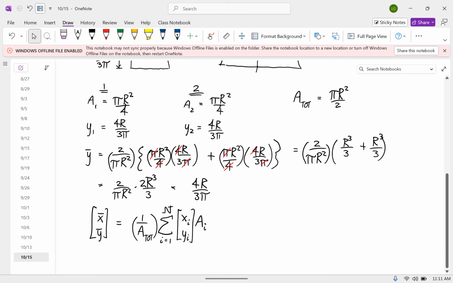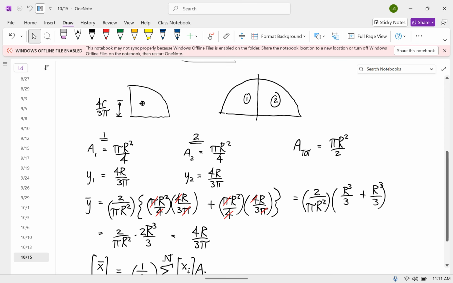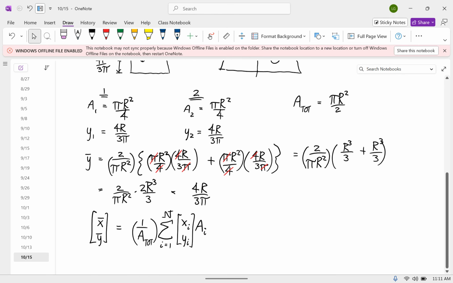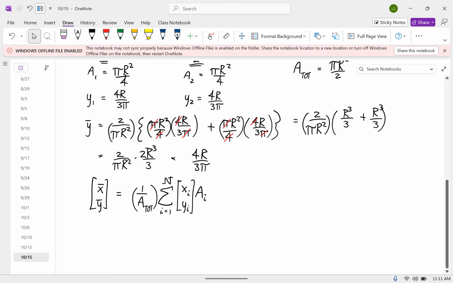And so anytime you can break up a complicated shape into simpler shapes, you can use this sum formula. That's what I did here, except I didn't do it with both components because we already knew what the x component of the centroid was going to be. But then you just have to use volumes instead of areas if it's in 3D. Otherwise, it's just the same.